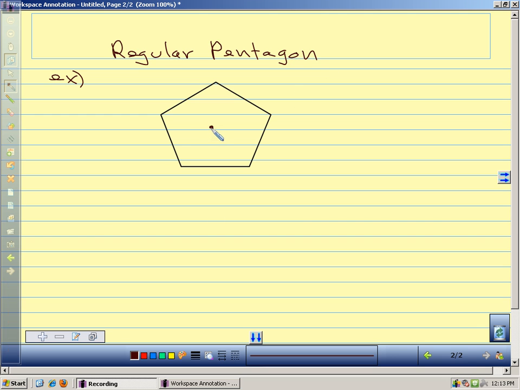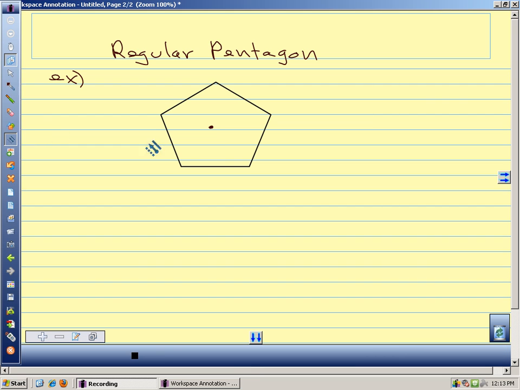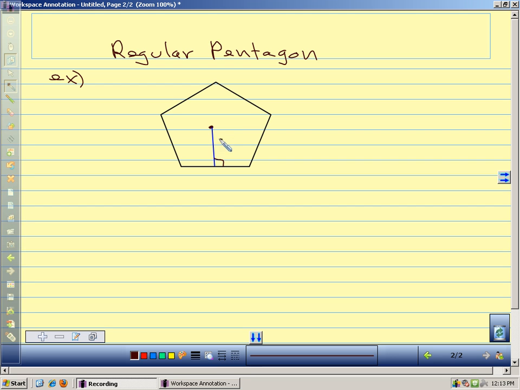And here's our center. And I'm going to draw in this segment. And we're going to say that this is 8 centimeters. And this is 12 centimeters. And we want the area.